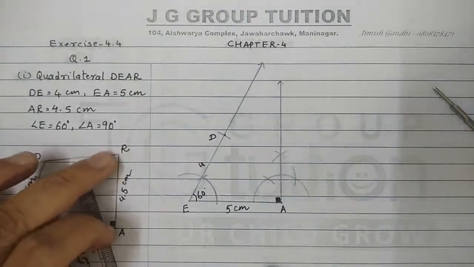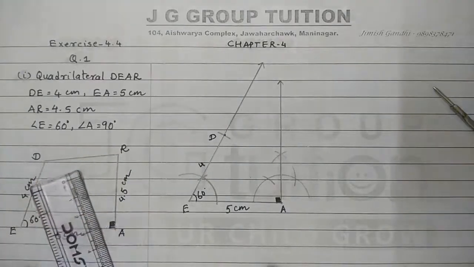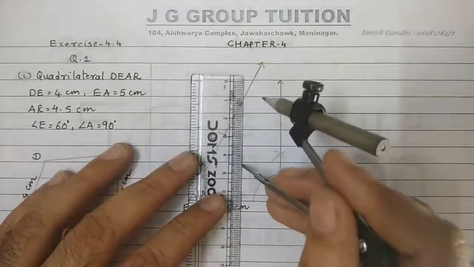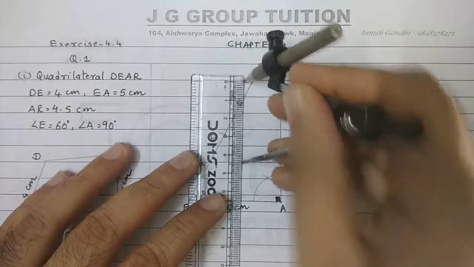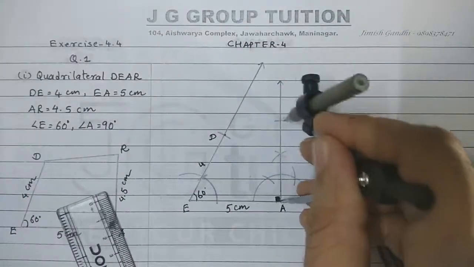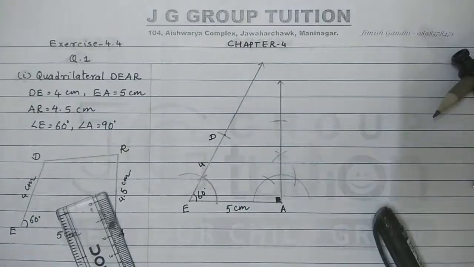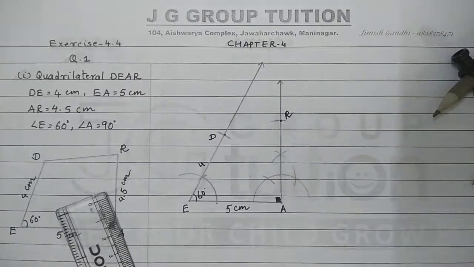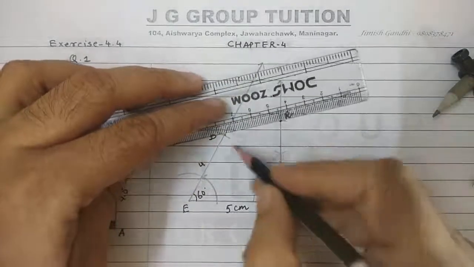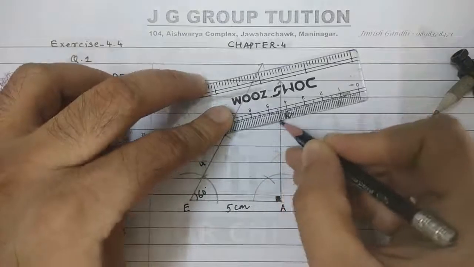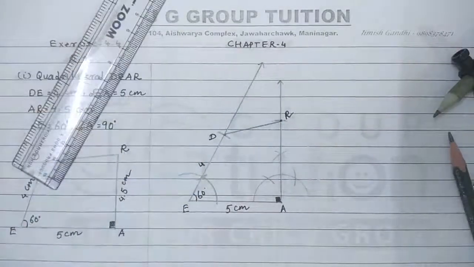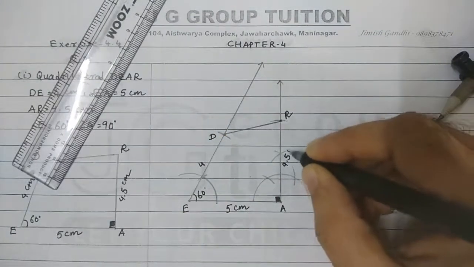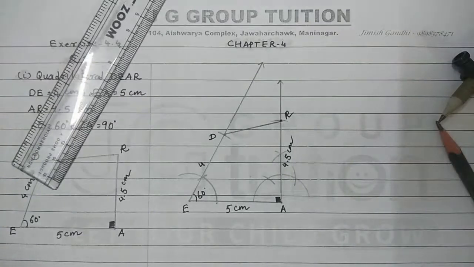Now to obtain point R, we should draw an arc of 4.5 centimeter from point A. This is 4.5, and it intersects here, that is point R. Now we'll join this DR. So you can see that this is the required quadrilateral DEAR. Hence it is done. I hope you got it.